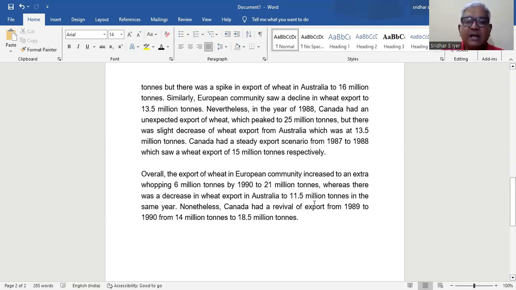Nonetheless, Canada had a revival of export from 1989 to 1990 from 14 million tons to 18.5 million tons. Of course, this is slightly confusing to you, but if you practice more and more line graphs, bar chart, process chart, and pie chart or comparisons of chart, then it becomes easier for you.